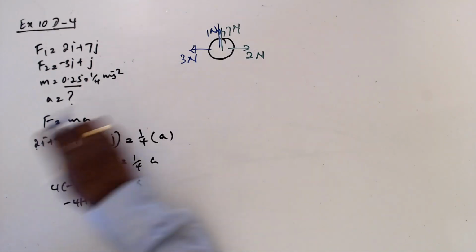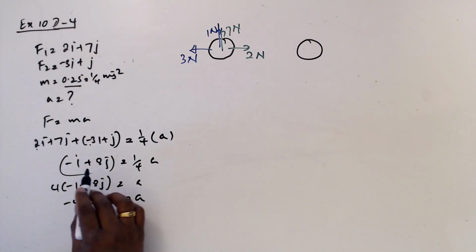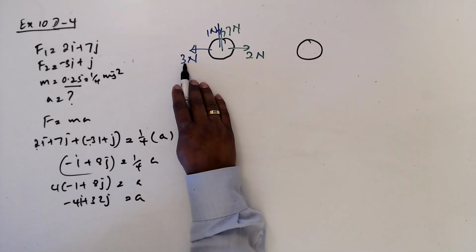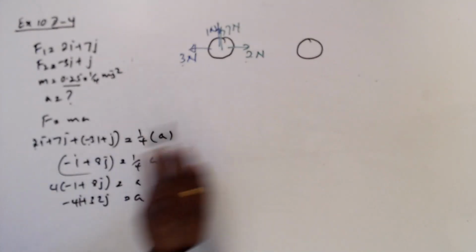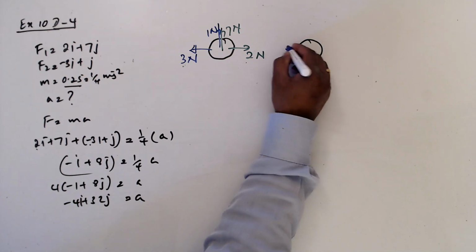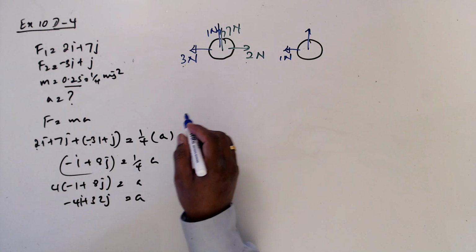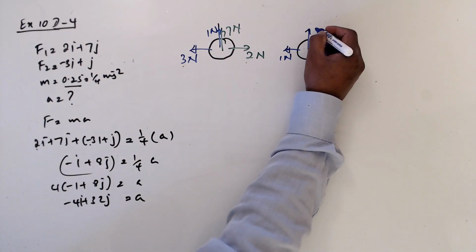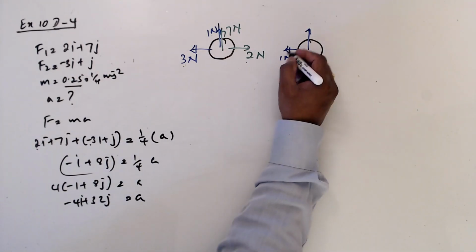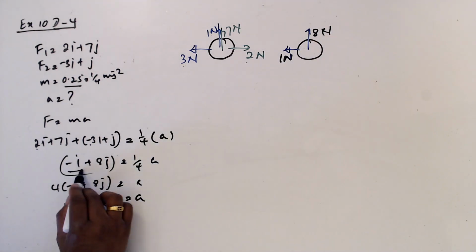Then we turn this into a single force by adding. 3 minus 2, so in this direction 1 Newton remains, and upward it is going to be 7 plus 1, 8 Newtons. So this is 1 Newton and this is 8 Newtons.